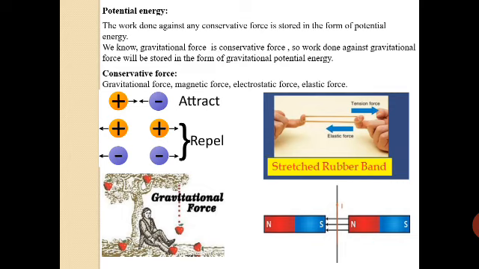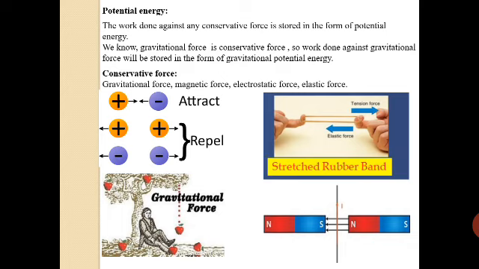And if you are going to work against such conservative force, then you are going to give energy to the object, and that will be stored in the form of potential energy. So take an example, gravitational force. If you are lifting any object upward, so you are working against force of gravity, which is conservative also. So energy will be stored in the object in the form of gravitational potential energy.